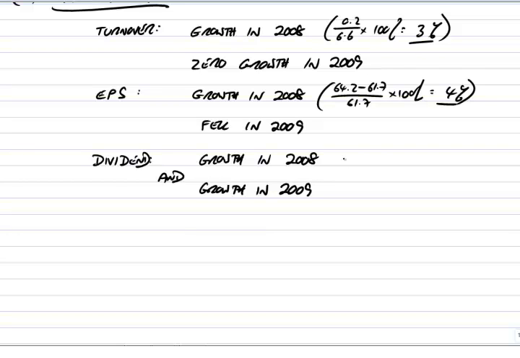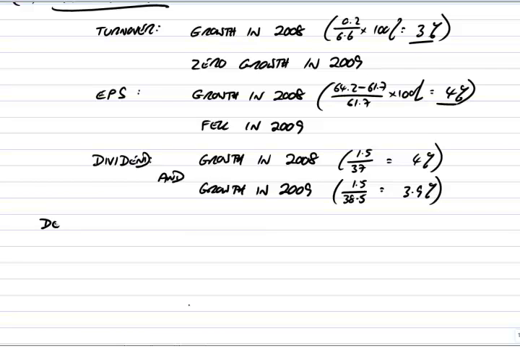In 2008, it grew by 1.5 cents on 37 cents, 4%. Roughly the same as earnings. In 2009, it grew again by 1.5 cents on 38.5. Slightly under 4%.